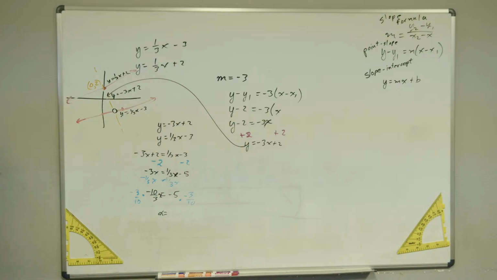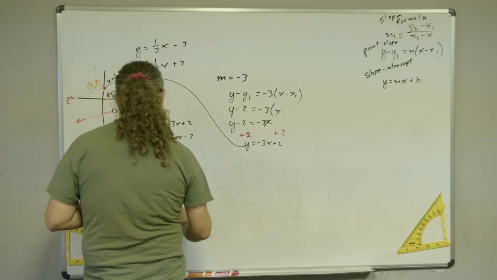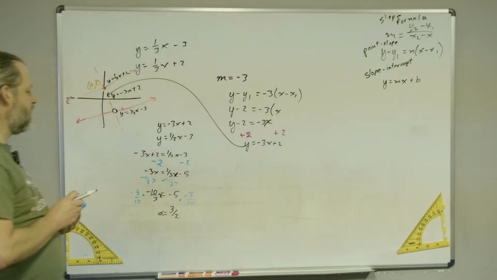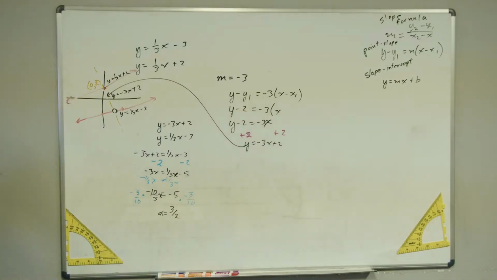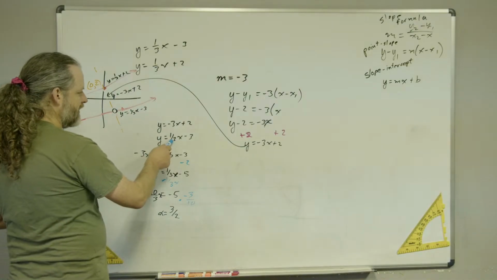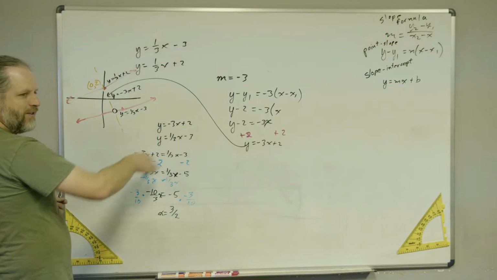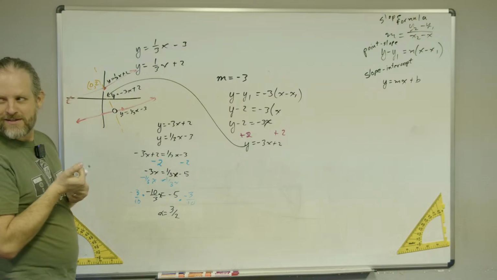Because the negative 5 times negative 3/10. 3/2. Great. Now what? Substitute again. That's true. Into which one? Whatever one. I think doing it in this one is a good idea. This one, because then the 3 and the 1/3 are going to kind of do some canceling magic, right?